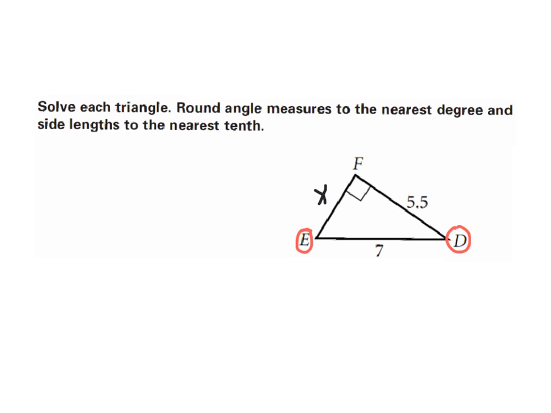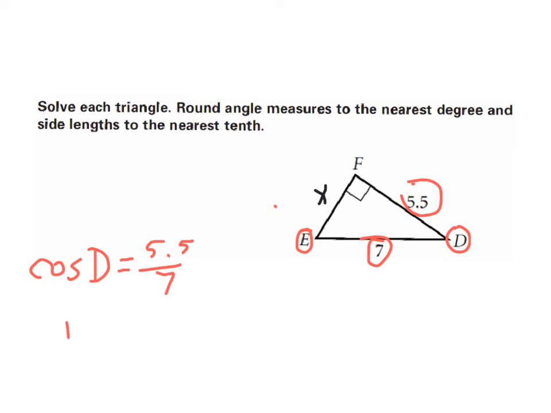Let's find angle D. If we find angle D, we know that 5.5 is adjacent and 7 is hypotenuse. So we would say cosine of D is 5.5 over 7 because adjacent over hypotenuse.